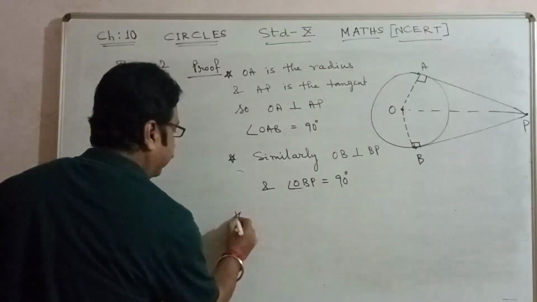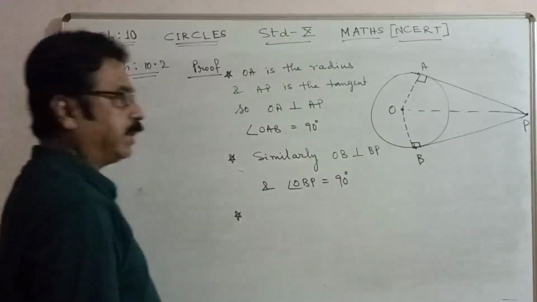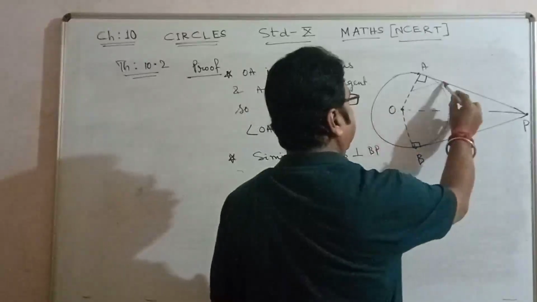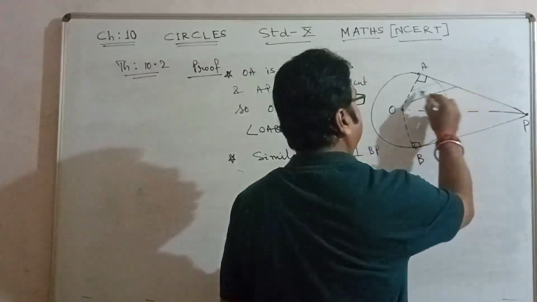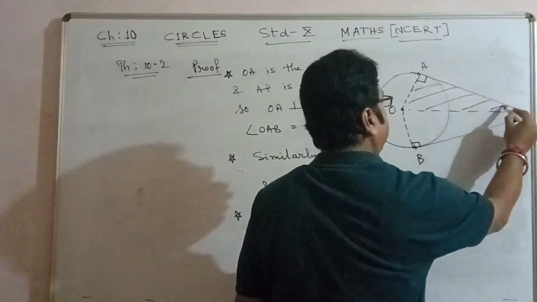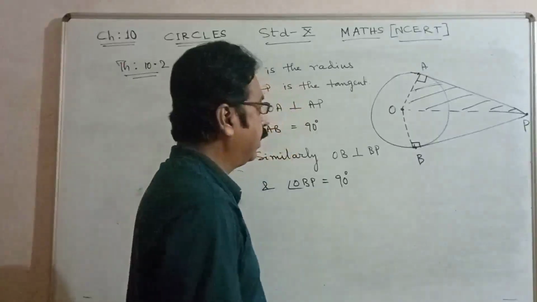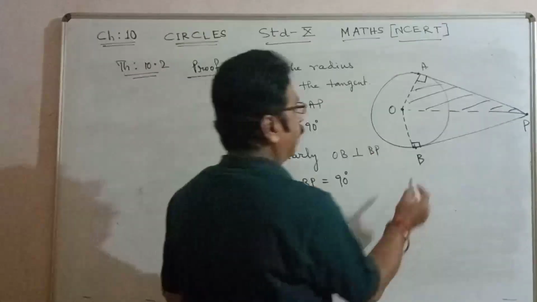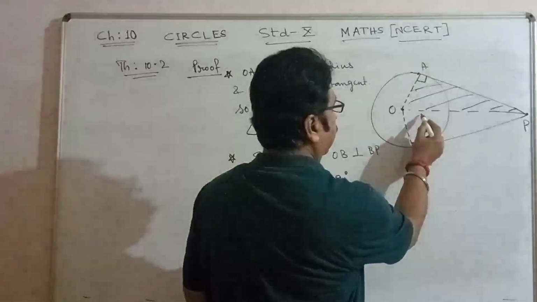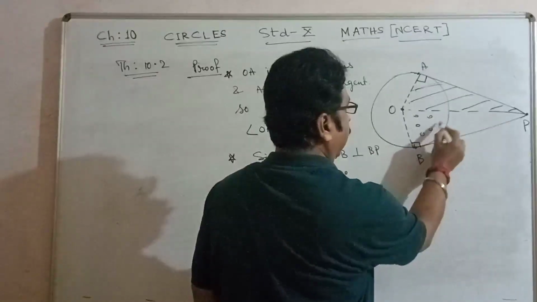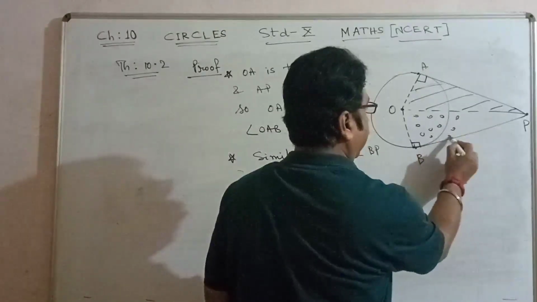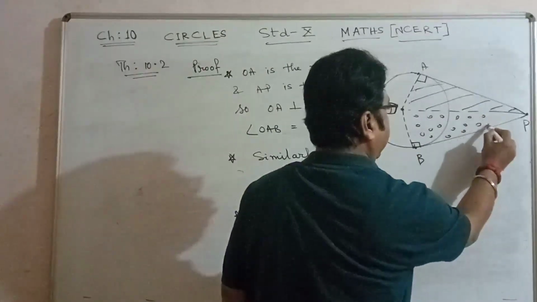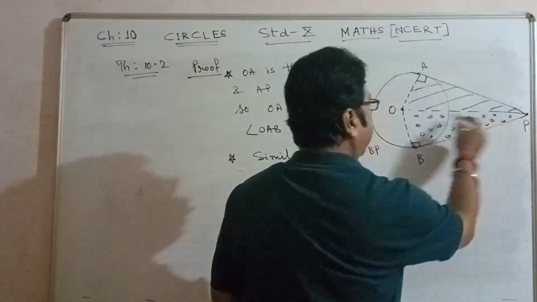Next point. Take these two triangles. This is one triangle. It is a right triangle. This is also another triangle.